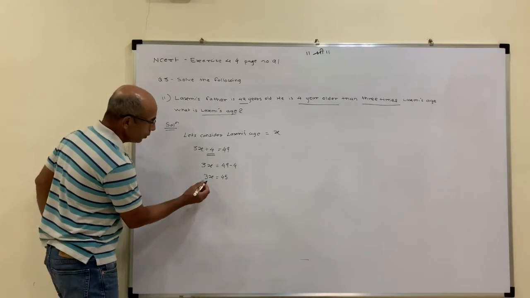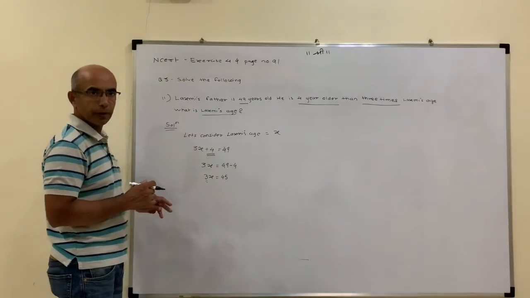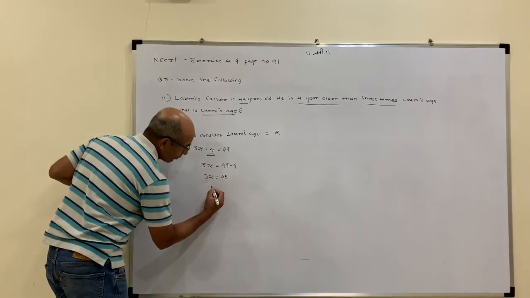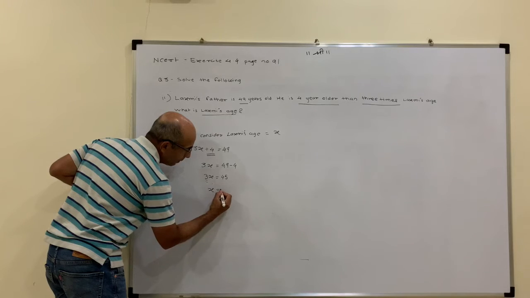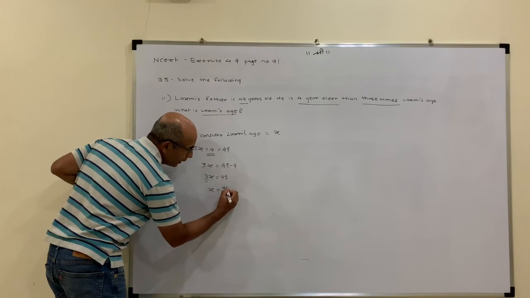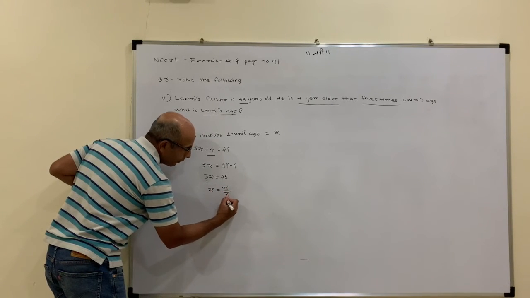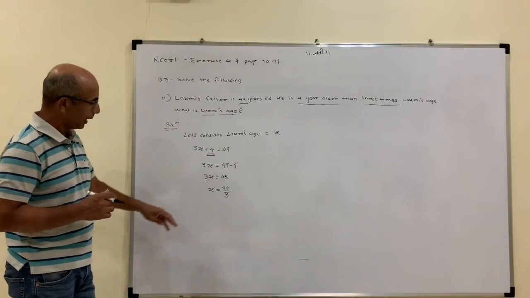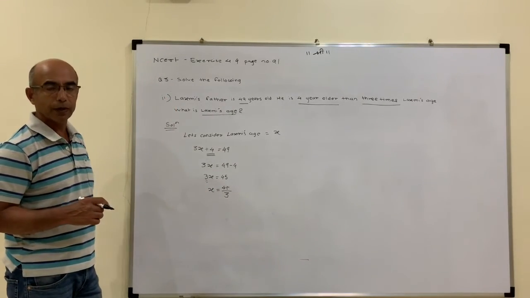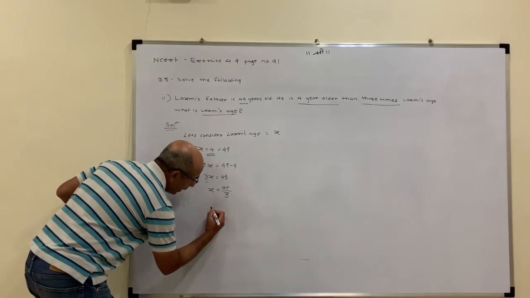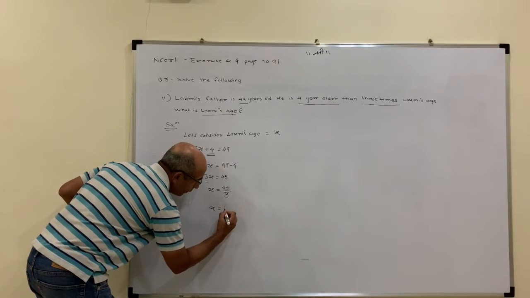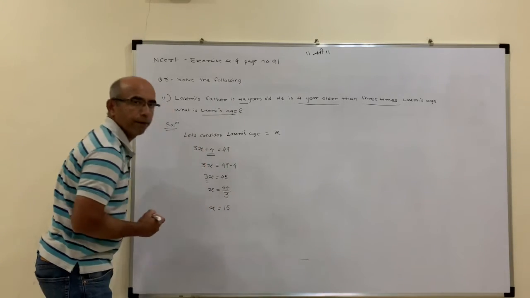Now I transpose this 3 from the left hand side to the right hand side. Here 3 is multiplied, so when it is transposed, it will be divided. Now my x equals 45 divided by 3. So x equals 15, 15 threes are 45.